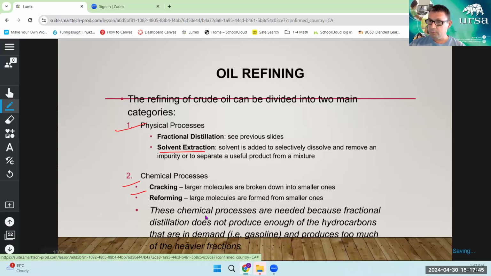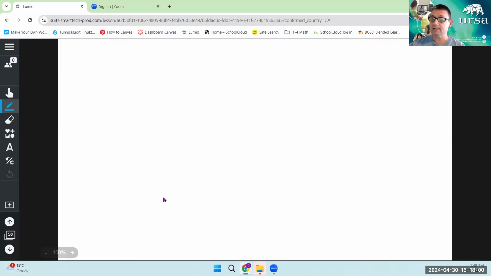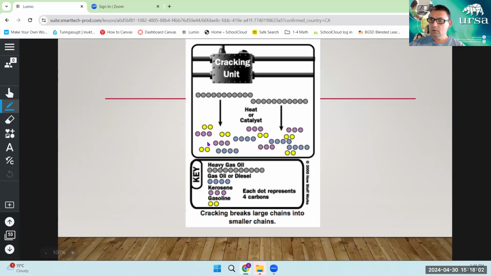Now, these chemical processes are needed because fractional distillation doesn't produce enough of what's in demand, but it also produces too much of the heavier fractions. So you need to have some method to get to what the more valuable product actually is. So these cracking units with a catalytic converter allow this cracking process to break chains into smaller chains, and these smaller chains are often the more valuable ones.